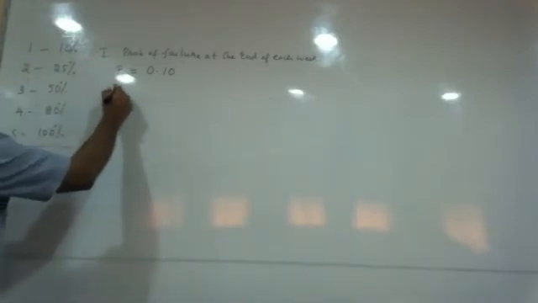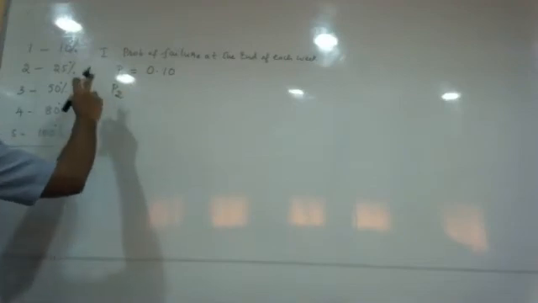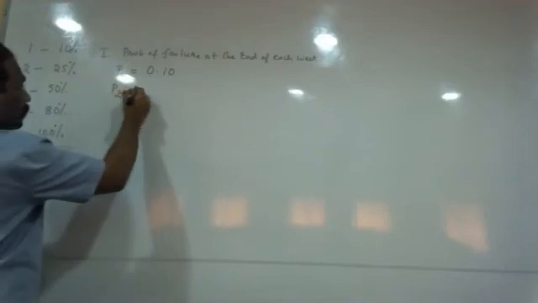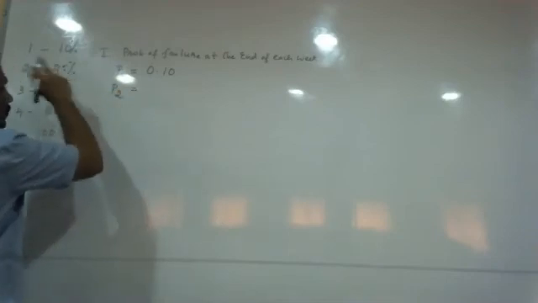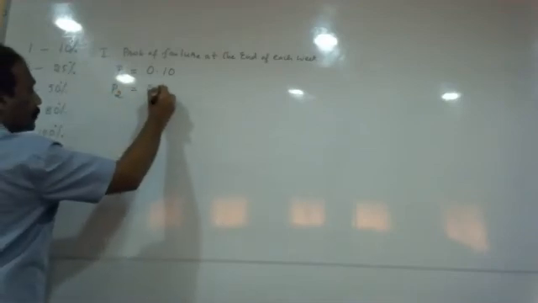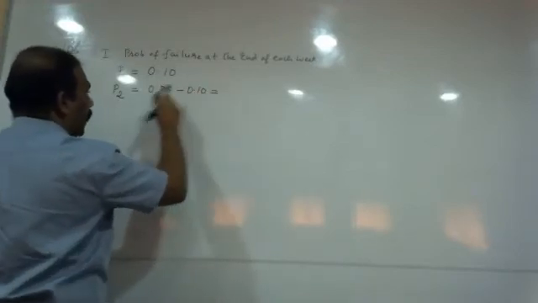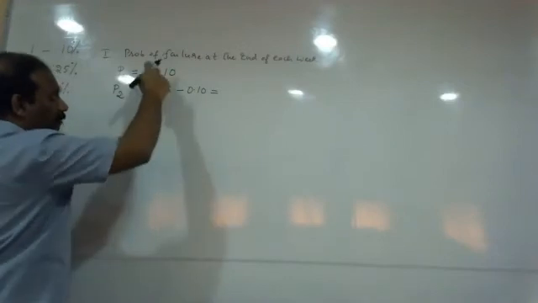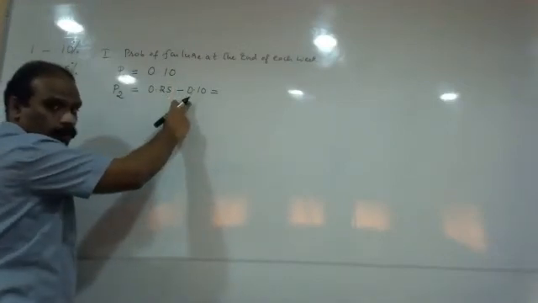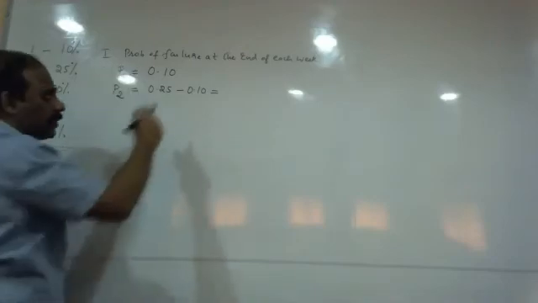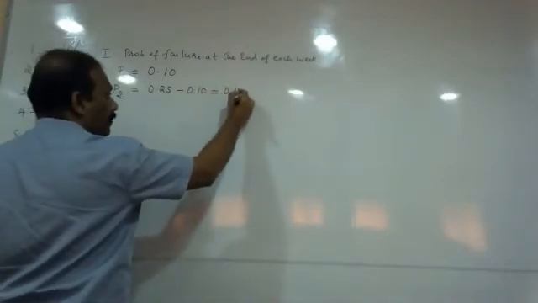So what is P2 now? P2 is nothing but the probability of failure in the second week. How do I calculate it? Now it is 25%, so I write 0.25 minus 0.10. That means from the second week value, subtract the first week data. Then I get exactly how many failed in the second week, which comes to 0.15.